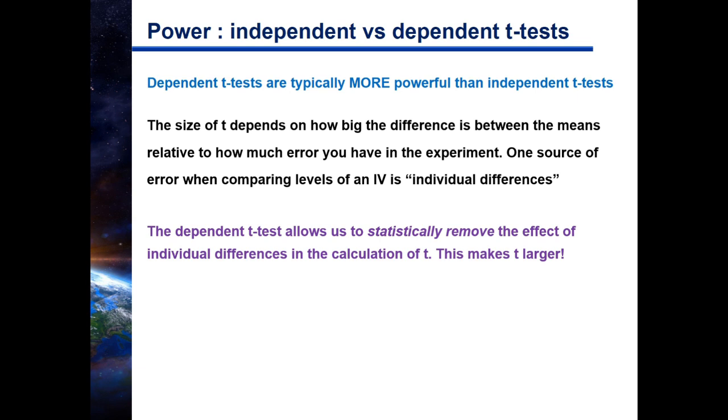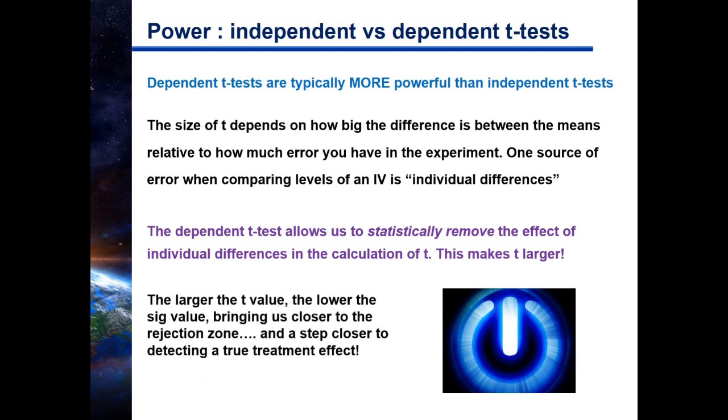This is a good analogy for what I'm trying to explain here. The difference between the means might only be detectable if you have a small error term, in other words, a little bit of noise. If you have a lot of noise, a big error term, then the difference between those two means might not be detected. I'll show you the mathematical explanation in a minute.